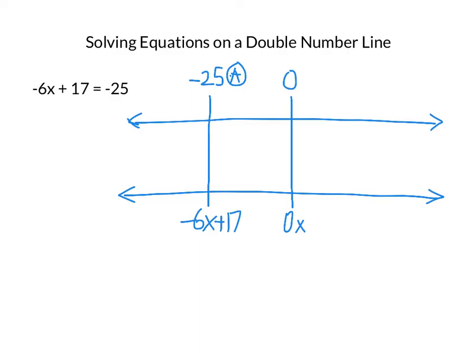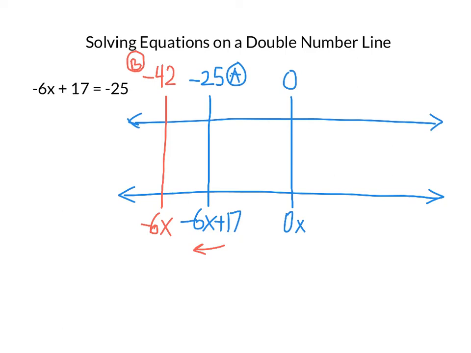So to subtract 17, I need to go that way 17, which on the bottom is easy, that just makes this negative 6x. And then subtracting 17 from negative 25 is actually adding two negatives, so negative 42. And that is step B.